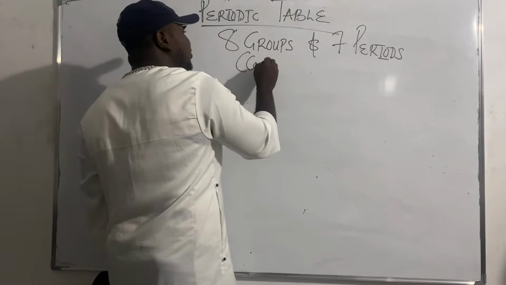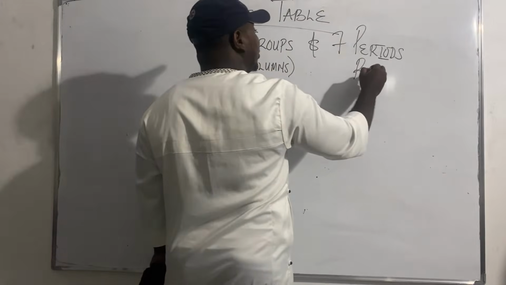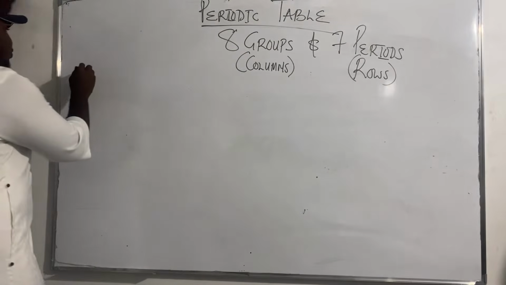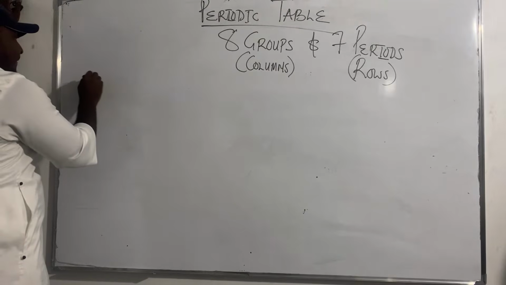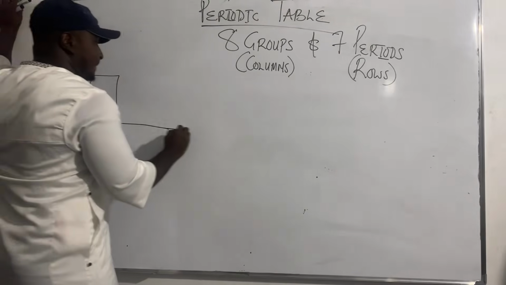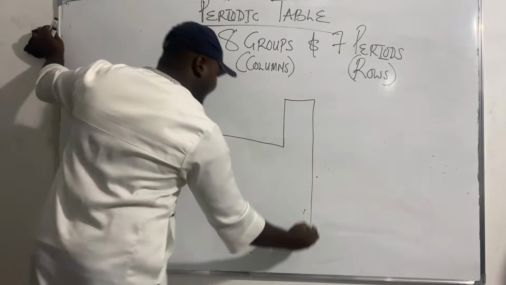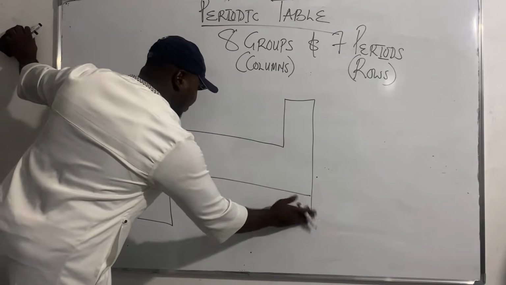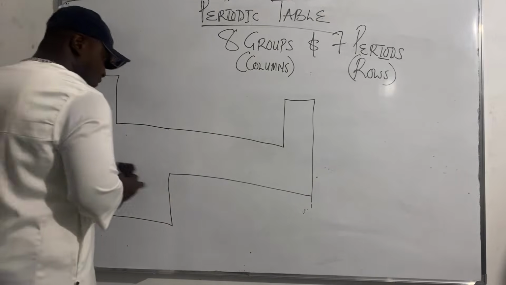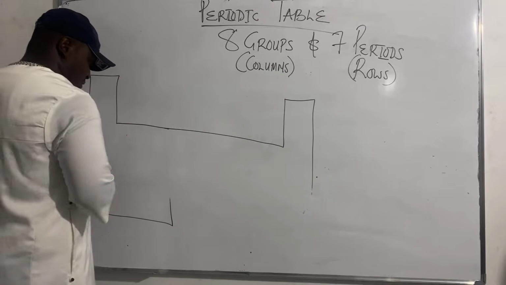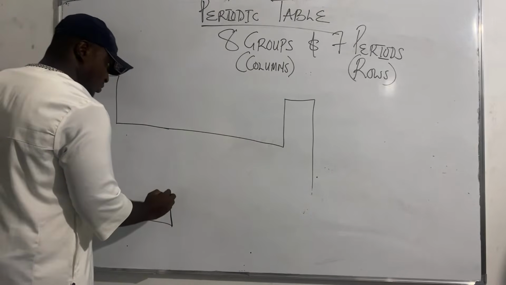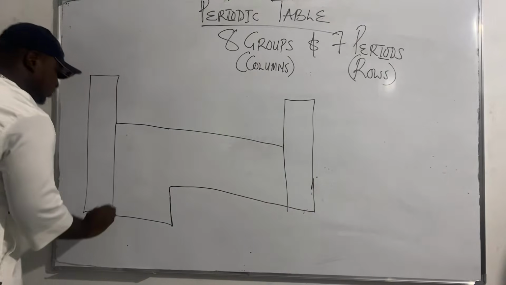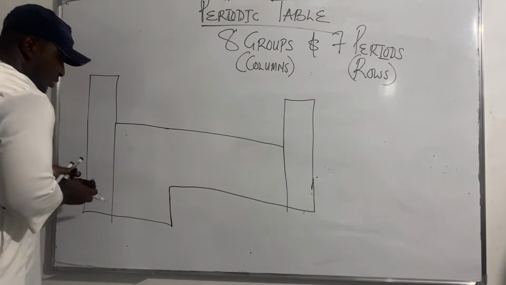The groups are in columns. The periods are in rows.